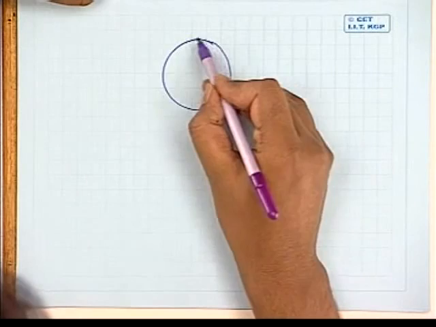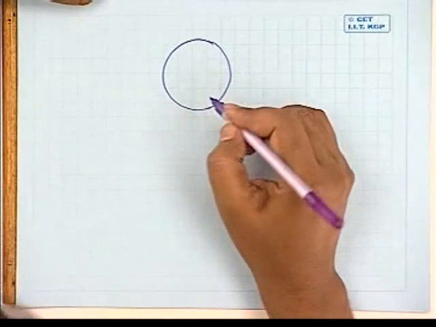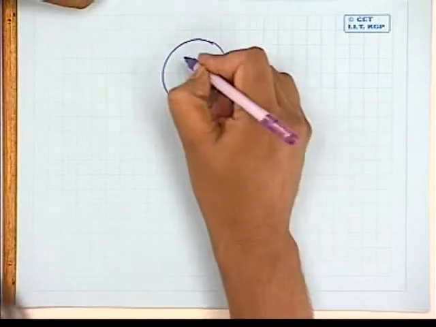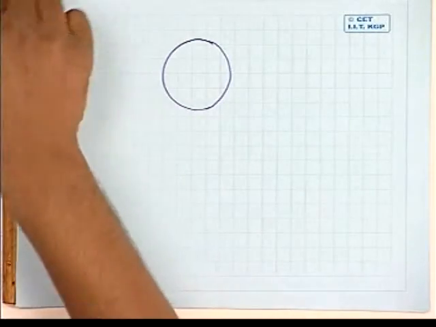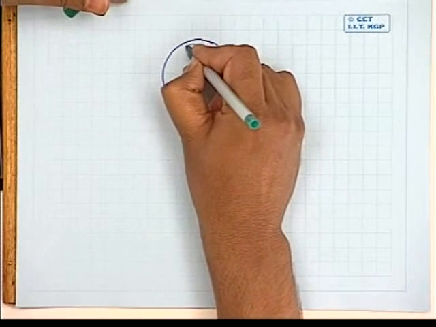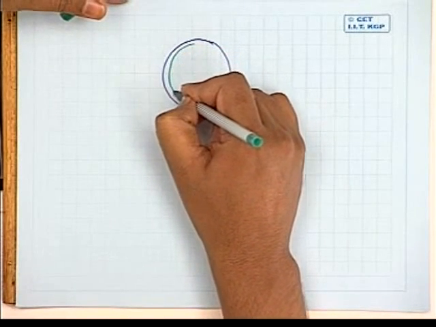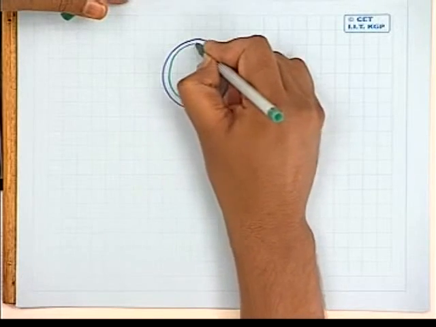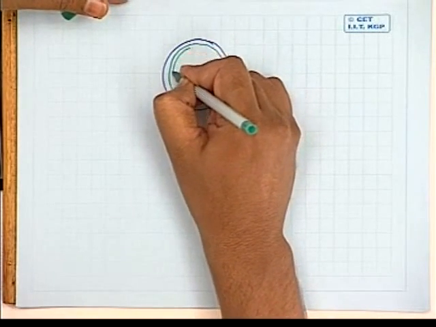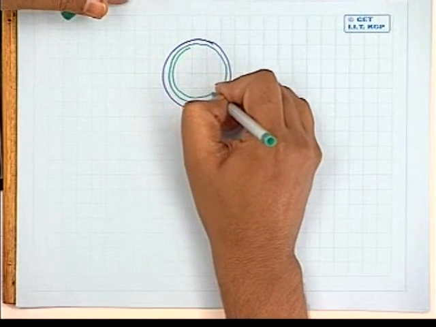Okay. On this plate, the data is stored in concentric circles. So there will be a number of concentric circles on this disk which will contain the data. And each of these circles is called a track.